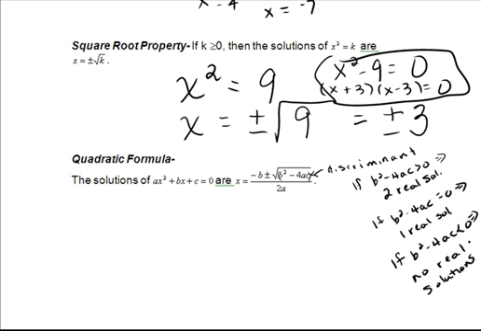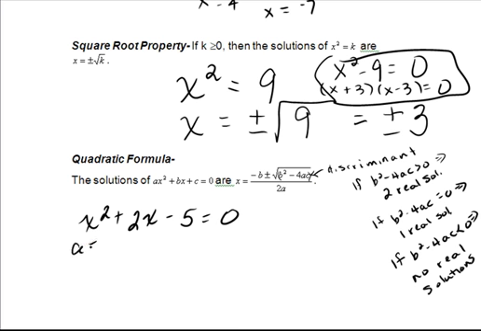Okay, so let's see if I can find an equation here we can solve using the quadratic formula. X squared plus 2x minus 5 is equal to 0. Notice on this one you also have to have it in the form where it's equal to 0, just like we did when we wanted to solve by factoring.